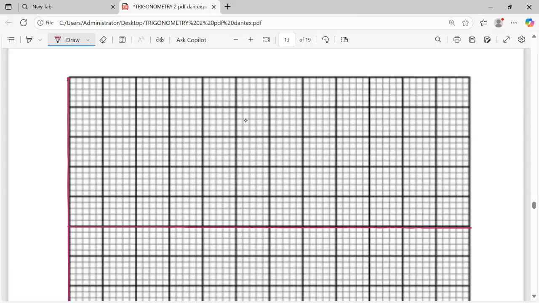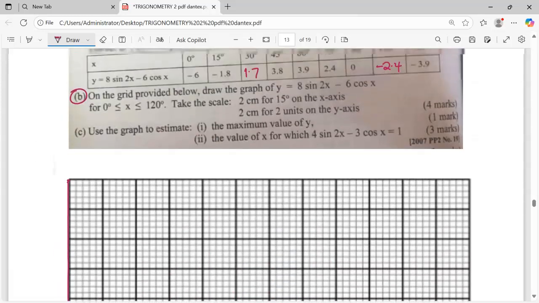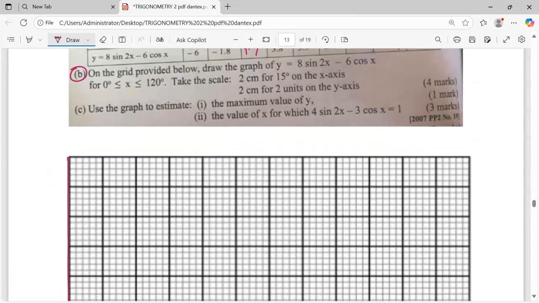So I'm going to begin from 0 here, then use 1 centimeter to represent 15 degrees. Next is 30, we have 45, 60, we have 75. After 75, we are going to have 90, 105. After 105, we have 120, and that is basically what we have.